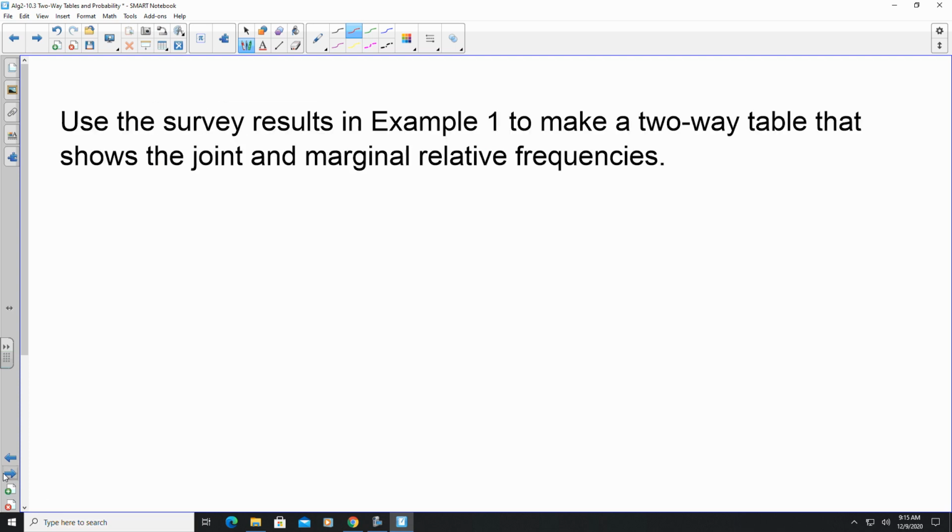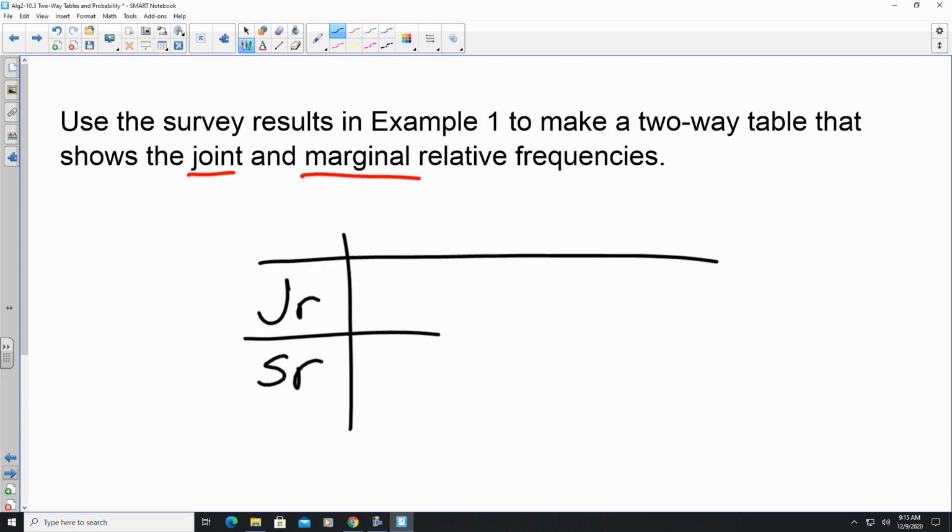All right. So here it says using the table from example 1, about the juniors and seniors, let's make a two-way table that shows joint and marginal relative frequency. So we got juniors and seniors that attended, and juniors and seniors that did not attend.